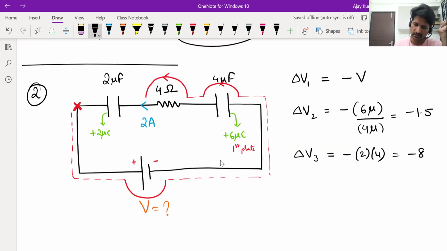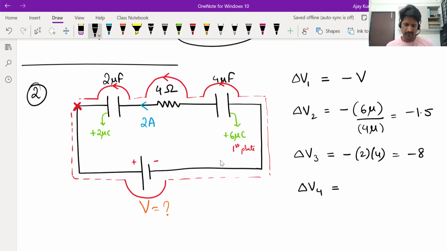And then there's another capacitor also. As we continue moving along this loop, we come across this capacitor before reaching the starting point. Tell me how to write potential change across that capacitor. 2 by 2, so 1. How did you say 2 by 2? Because it's this side, so it won't get negative charge.